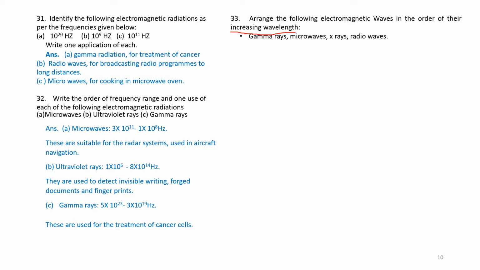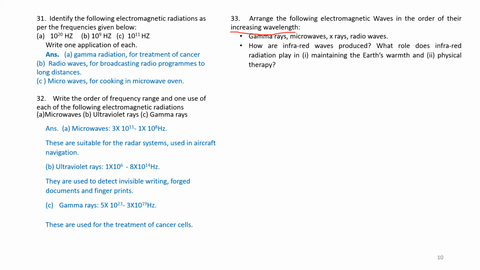Once again you can recapitulate: radio mirchi, I love you, X-ray gun. Radio means the highest wavelength is radio waves. Mirchi is microwaves. So radio waves, microwaves, X-ray and gamma. That is the order.